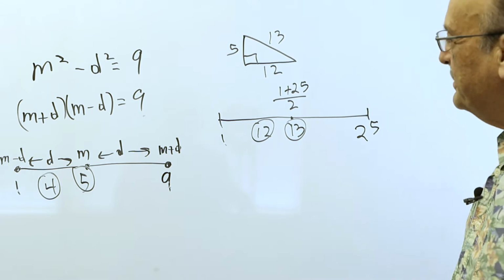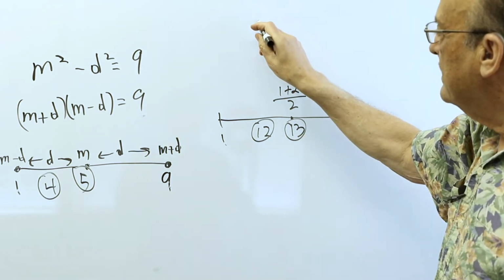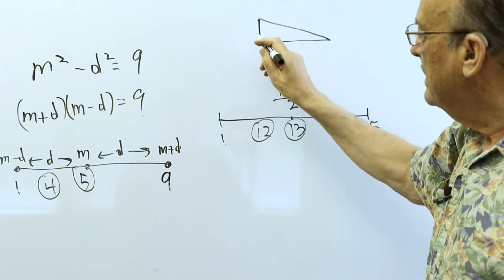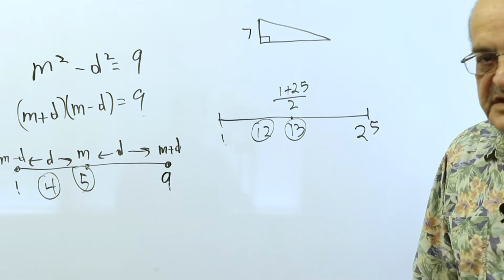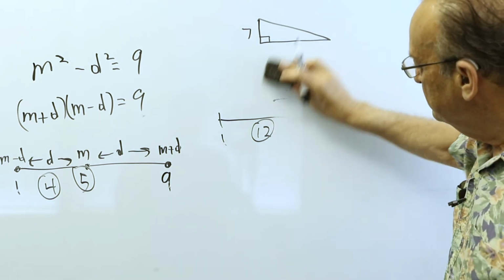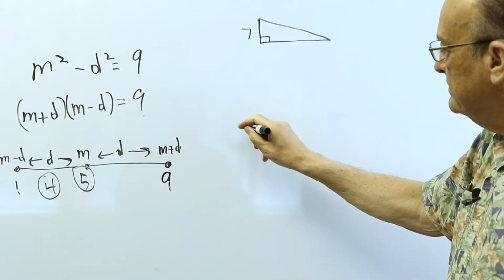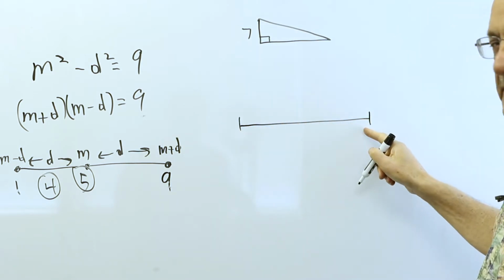Let's do one more example. So suppose we're looking for a triangle that has a leg of 7. So we square 7 and get 49. So we want this times this to equal 49.